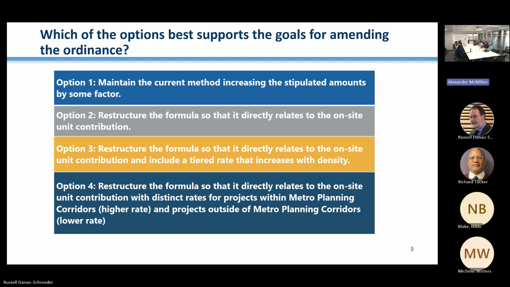Obviously, you're using the same formula, just different numbers. The current cash formula doesn't have a relationship to the on-site formula, which we would want. The other three options presented there are where you'd see projects with some different outcomes based on their density.